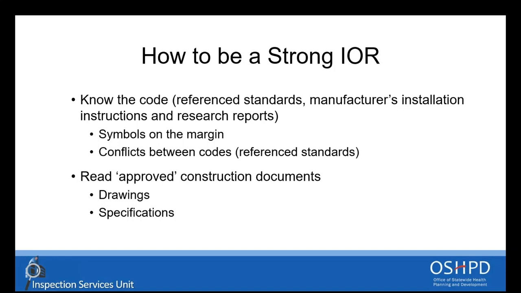However, you want to ensure what you are inspecting is actually what is shown on the approved construction documents. And most of our projects lately are remodel projects, so you do not have a set of specifications. However, many specifications are covered on the plans now, so make sure you read those specifications. And next.